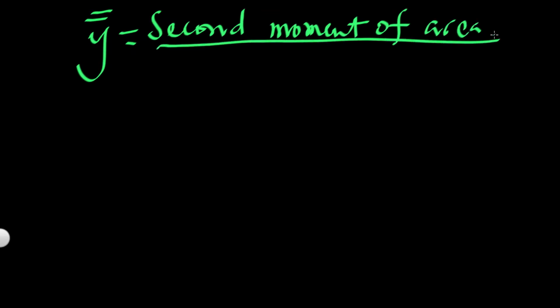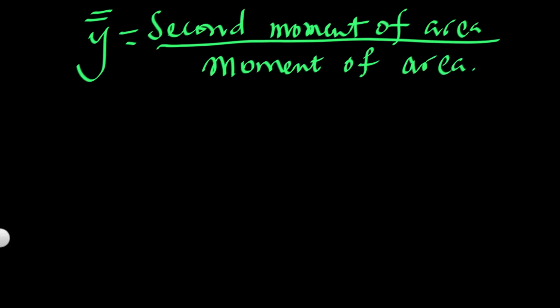We divide the second moment of area by the moment of area. Since this one is called the second moment of area, maybe the moment of area is the first moment of area. We divide the two. We were given this one. We calculated this one, so we just divide the two. So now we're going to divide 76 by 28.